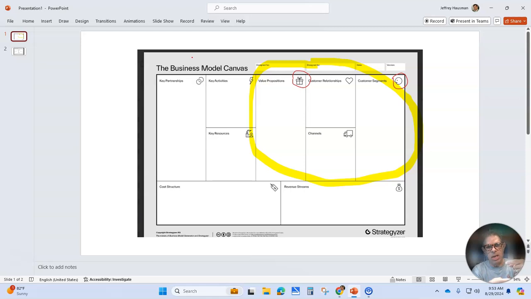It's a matrix, and the reason is these things don't happen step by step in a perfect world. When you're doing customer discovery, you're going to be thinking about customer segmentation and value propositions. You're going to be thinking about customer relationships. You're going to be thinking about channels.